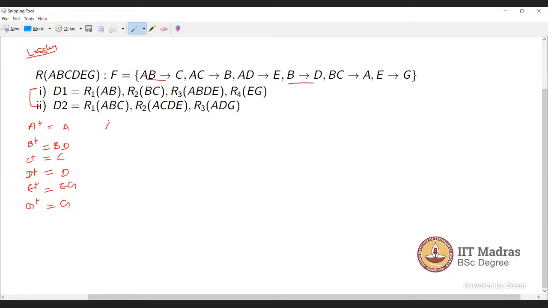Now let us take the pairs AB, AC, AD, AE, and then AG.